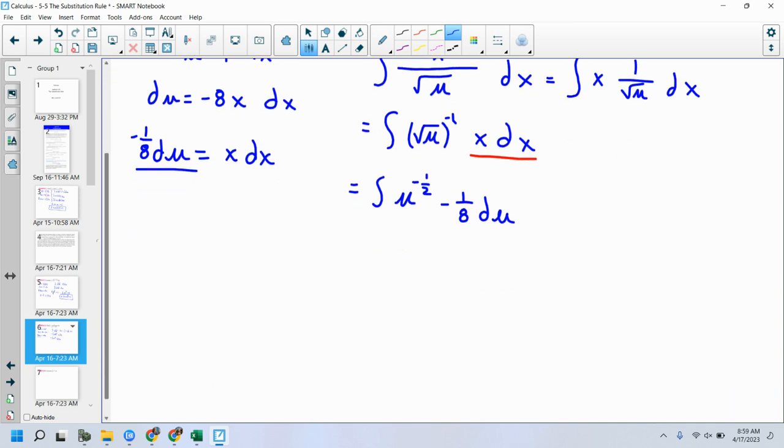So that's going to be equivalent to, bump it up 1, u to the +1/2 over 1/2. I got to bring this -1/8 out front, right? That's not a minus, that's a times. So that's why you can bring it out front, multiply it to it, plus c.